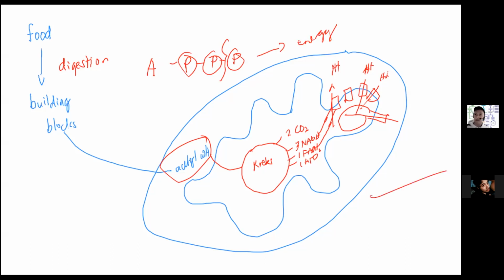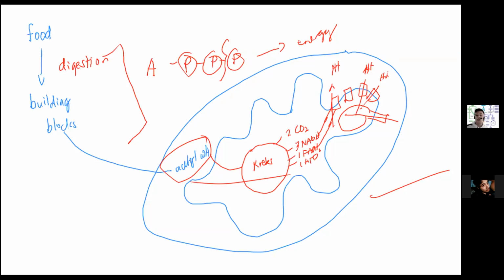So we already consider this, no? This is a common metabolic pathway. However, we haven't considered how we reached acetyl-CoA. So when I have carbohydrates, for example, how did I become acetyl-CoA in the first place? So let's say if I eat carbohydrates, how does it become acetyl-CoA? How does it even enter the common metabolic pathway?